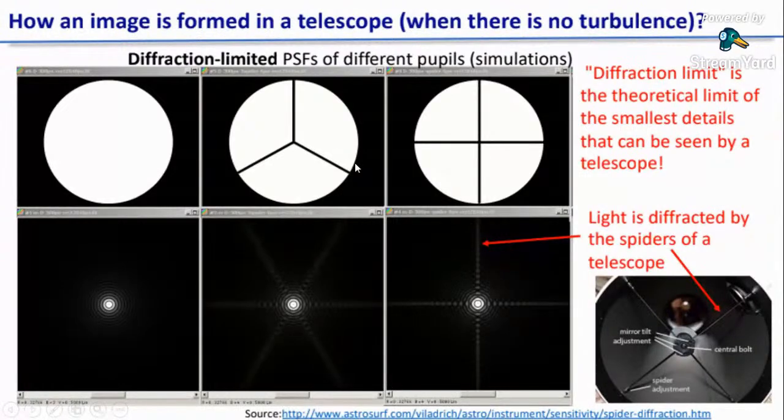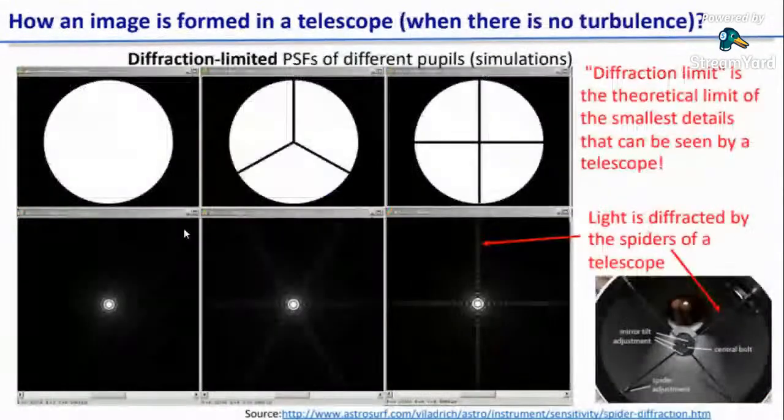These spider arms cause diffraction of light, and the diffraction limit is the theoretical limit of how small the details are that we can get through the telescope we are using. It is a simple phenomenon: the light is coming and will strike the spider arms for sure, and because of that diffraction will take place. And this is known as the diffraction limited image. Theoretically, we call it a diffraction limited image.